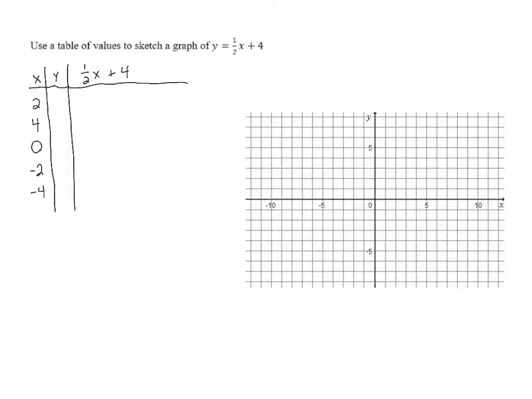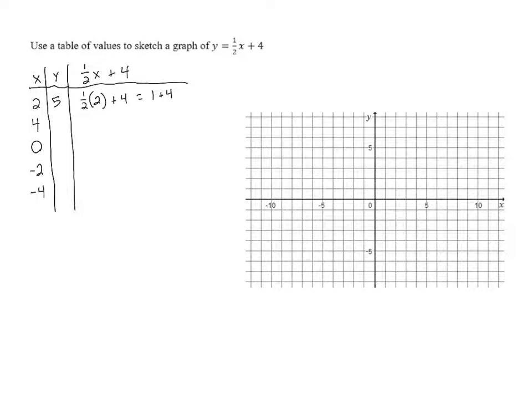If x equals 2, then 1/2 times x is 1/2 times 2 plus 4. 1/2 times 2 is 1, so we end up with 1 plus 4, which is 5. So when x equals 2, y has to be 5.